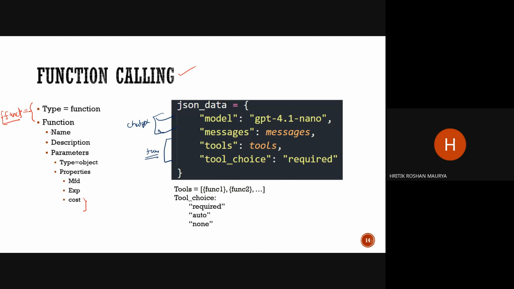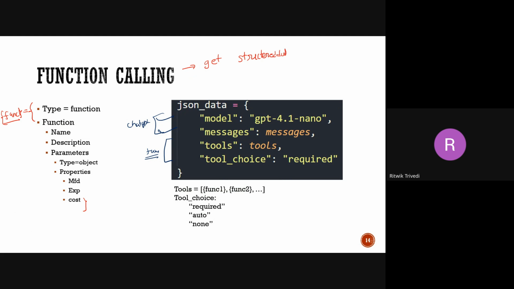This is how it will look like. You have to mention type function, then name, then description, then parameters. Under that there will be type object, then under that there will be properties. So what does function calling help you with? Function calling helps you to get structured format data.